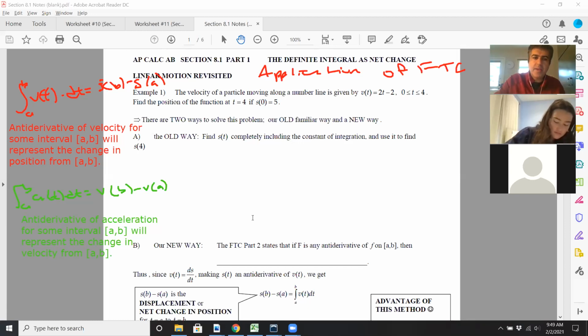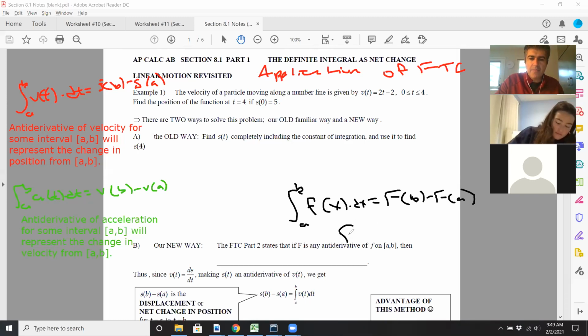And why? Because remember what we talked about from last week. We take the integral from a to x or a to b of f of x dx. That equals F of b minus F of a, where capital F of x is an antiderivative of little f of x.